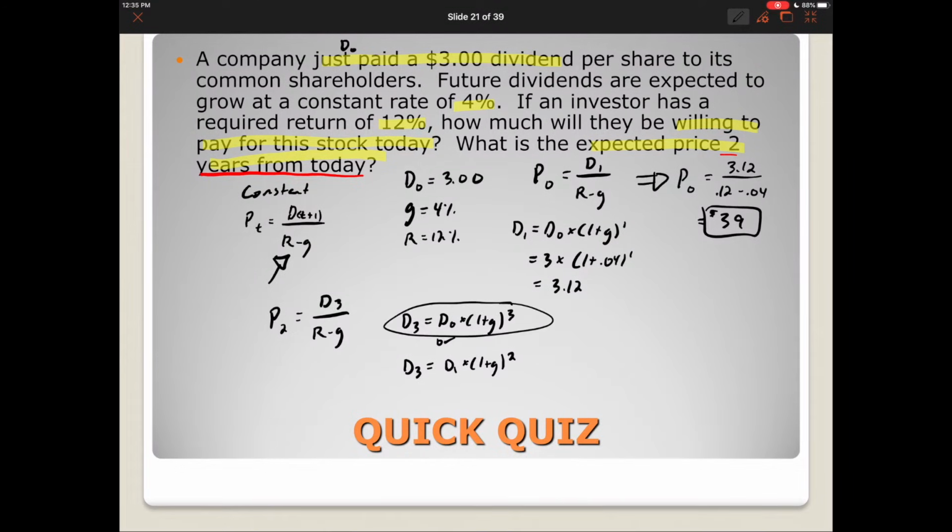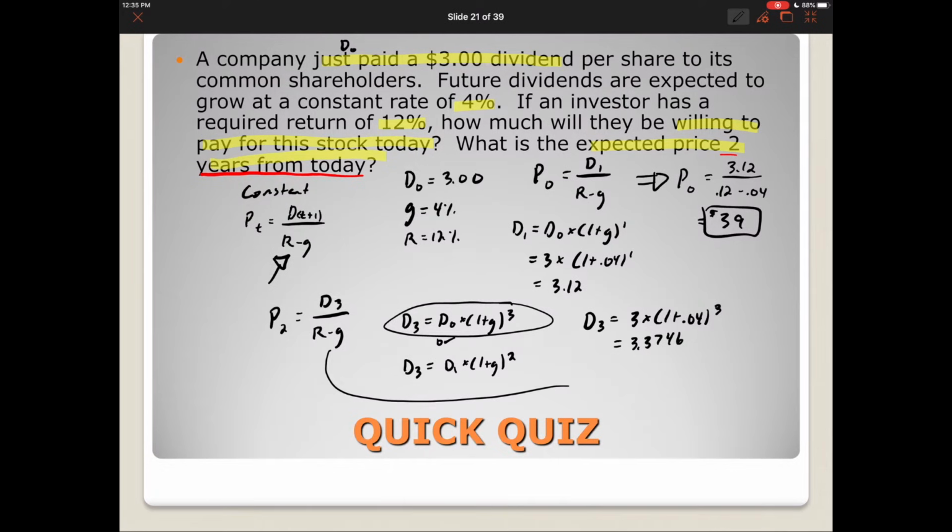I'm going to use our initial equation just in case I made a mistake in that first step. So to solve for the dividend in year 3, it is D sub 0, which is 3, multiplied by 1 plus our constant growth rate of 4%, compounded 3 periods. So what is my dividend in the third year? My dividend in the third year is 3.3746, and once again, since it's an intermediate calculation, I'll leave it at 4 decimals.